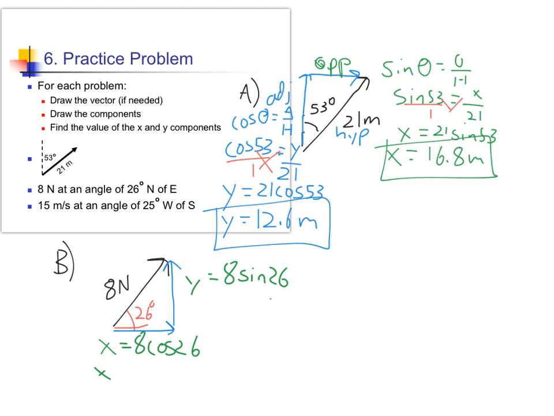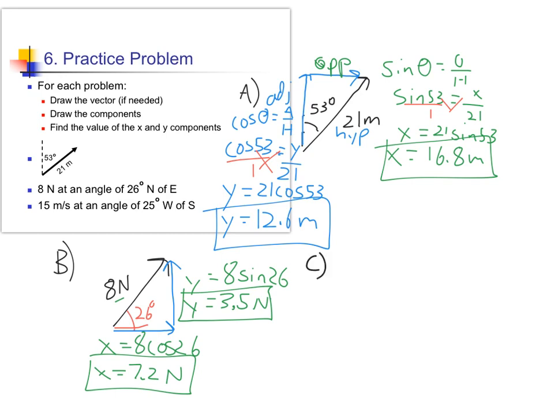So I calculate these, and I get that my x component here is 7.2, and it's going to be newtons because that was the unit of my hypotenuse, and the y is going to be 3.5, and that's also in newtons. And so you see here, we're just jumping right to these two points, and like I said, I'm totally fine with that. If you feel the need to write it out every single time, if that helps you out, that's perfectly okay, but it's certainly not necessary.